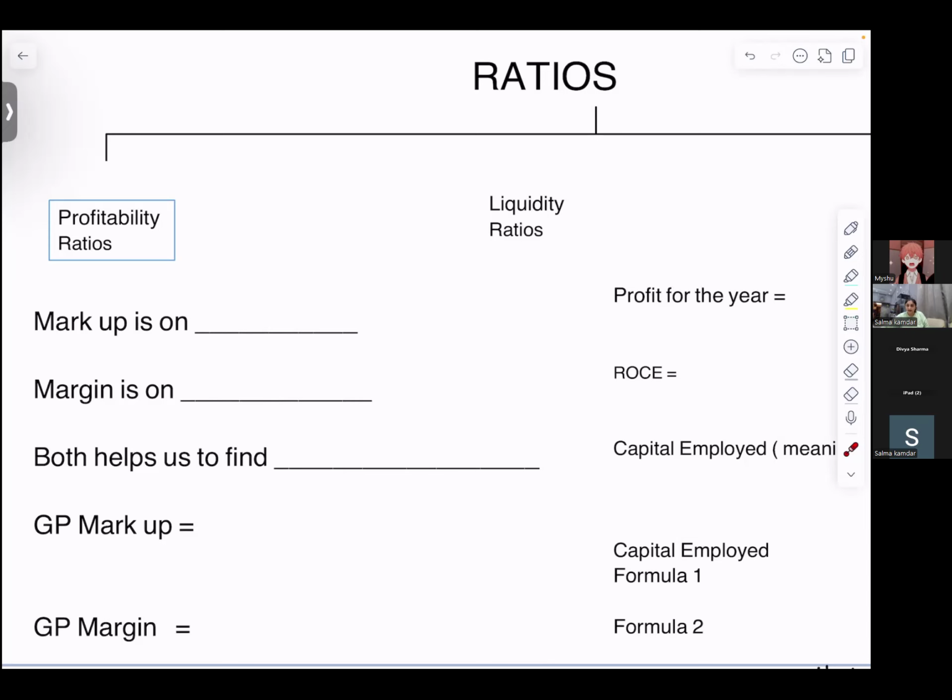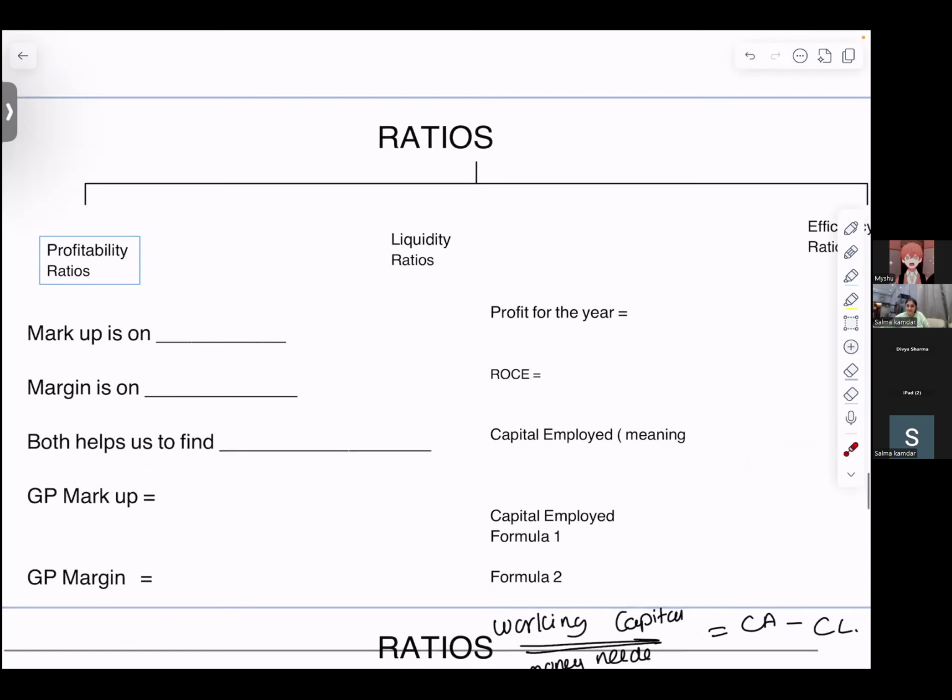Okay, fine. What is the formula to find ROCE? Profit before interest, PBIT, divided by capital employed, multiplied by 100. Profit for the year?